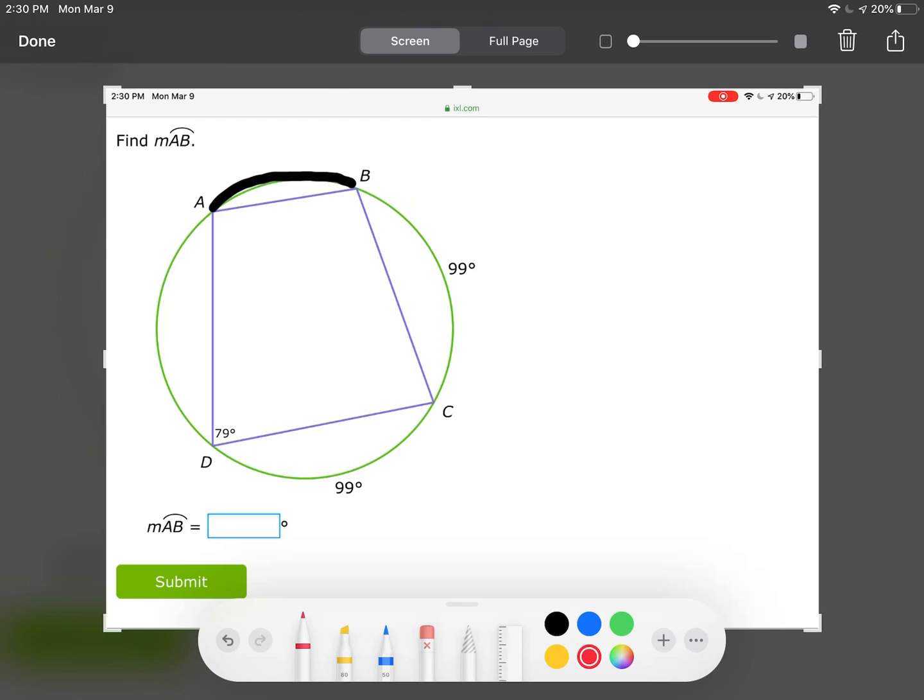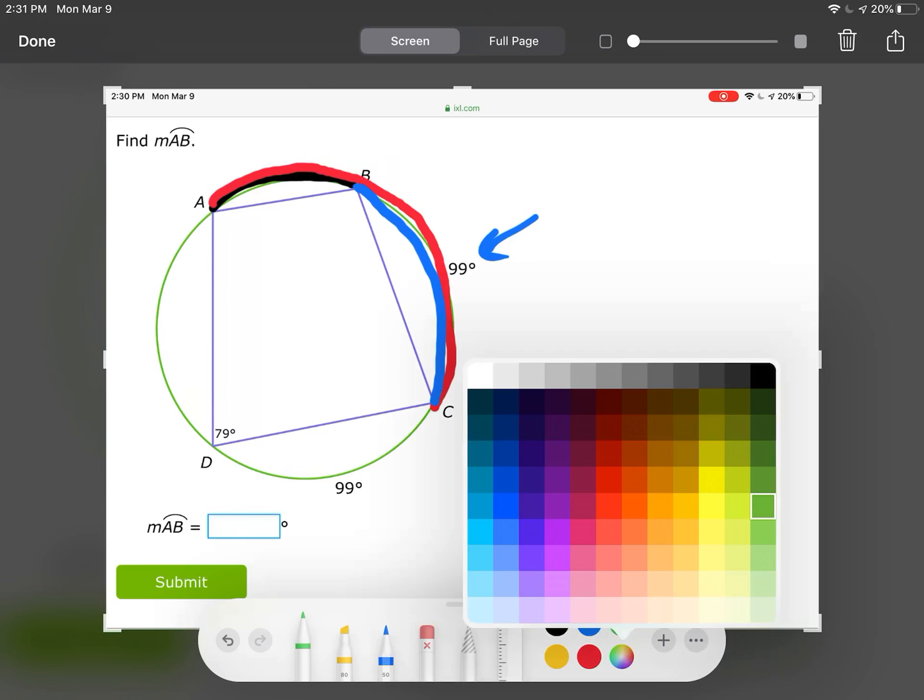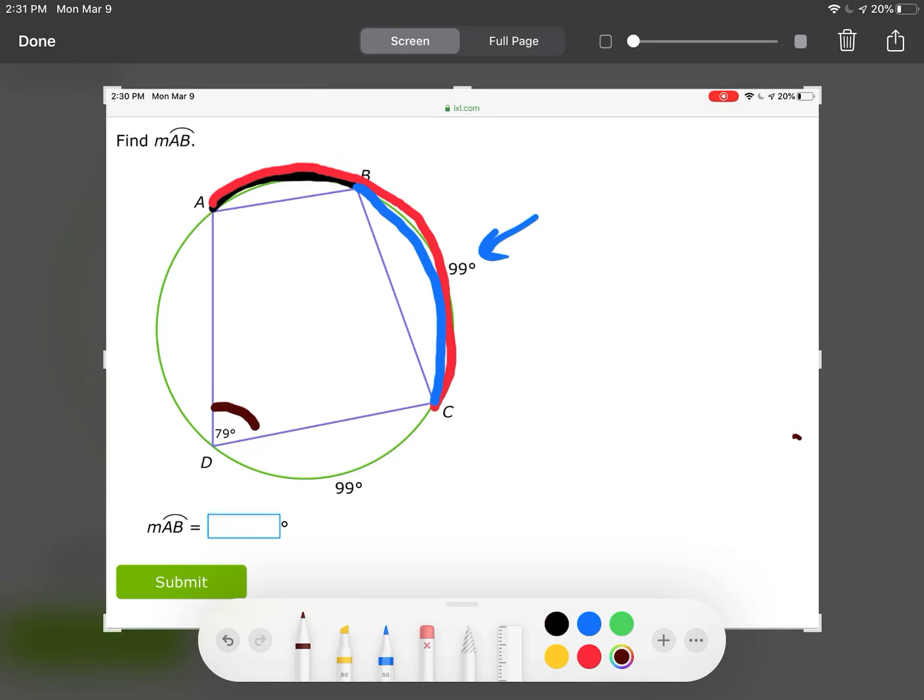And if you notice, it's part of this longer arc from A to C, of which we know this portion of it from B to C. Actually, I'll highlight that in a separate color. So we know this blue portion is 99. Also, if you look back into the quadrilateral, you see this angle that I'm going to use a darker red. This angle opens up to that red arc, and it's 79 degrees.